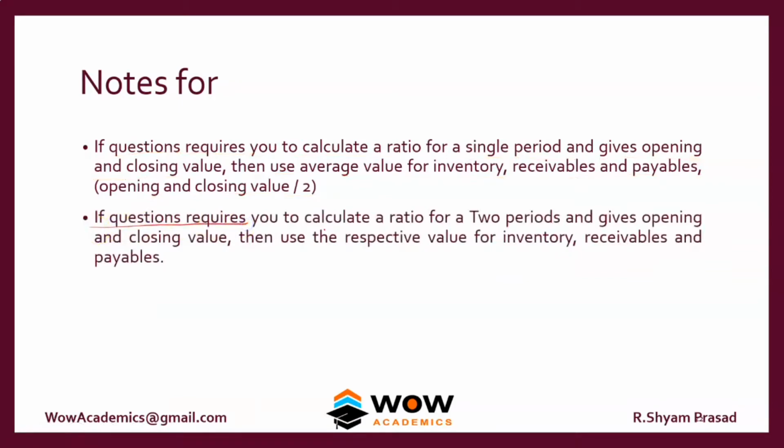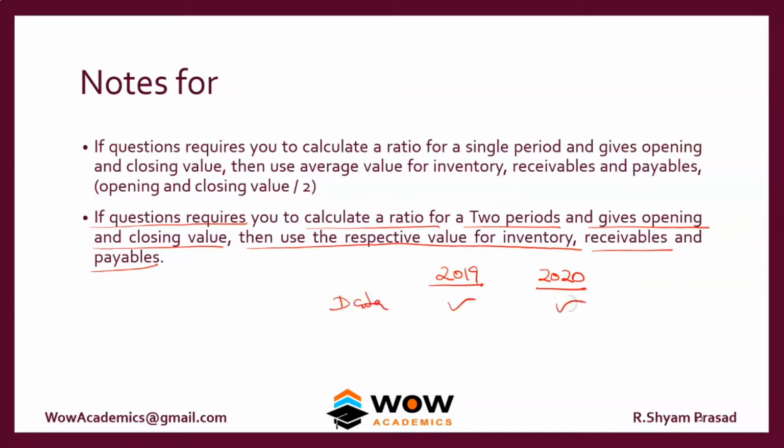If the question requires you to calculate a ratio for two periods and gives opening and closing value, then use the respective value for inventory, receivable, and payables. For example, again, assume that the question gives you 2019 data and 2020 data. So data is available for both, and they ask you to calculate the ratios for both the years.